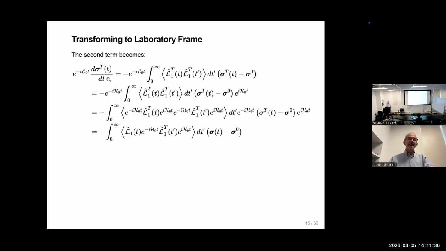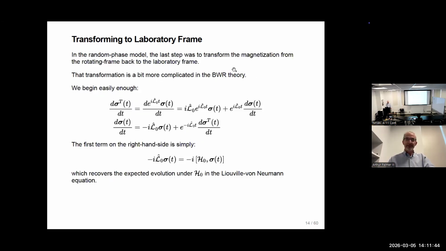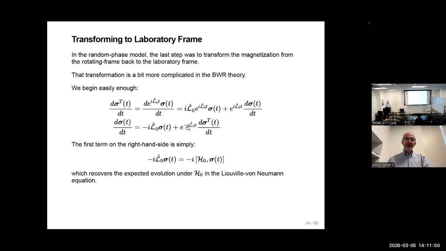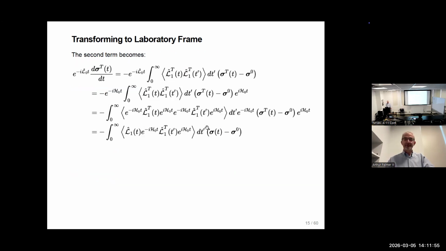So the second term, I put in d sigma t dt is the master equation, right? That's what we just derived here. So here, this says I have to transform this differential. So I plugged in the master equation for the differential.